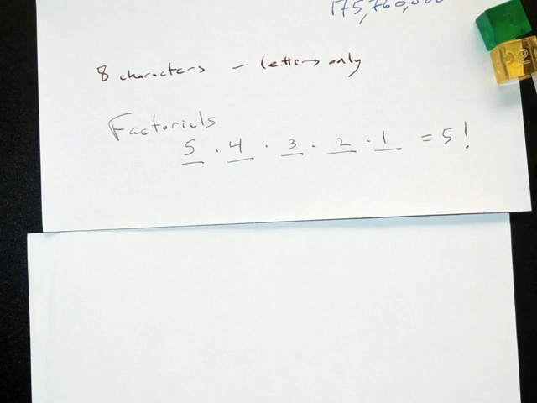Here they are. I have none of them, right? How many ways can I order no things? An empty ordering. There's one way to order no things.